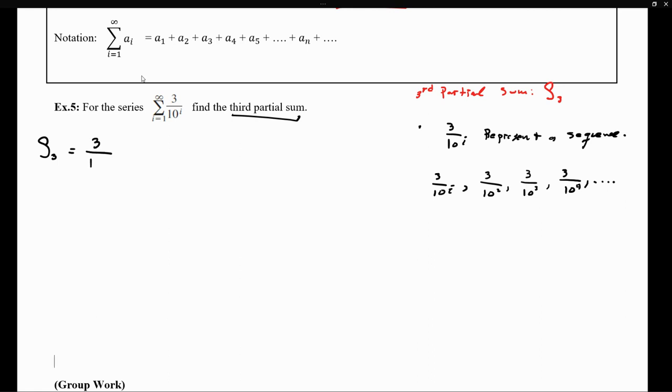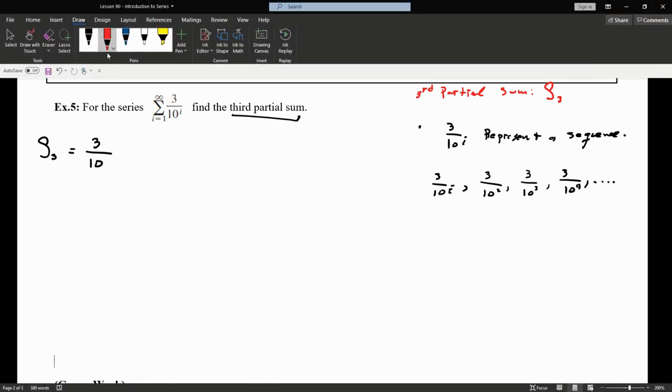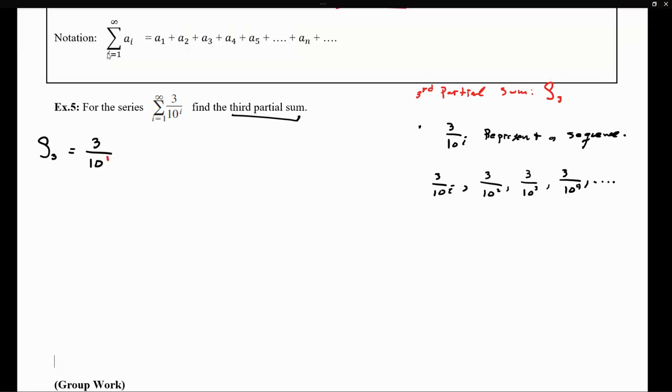My first output is 3 over 10 to the first, just like we said, the first term in the sequence. But we have to add the next one, that'll be 3 over 10 to the second. And then we add the next one. And at this point, we stop, because we just want to add the first three terms in the sequence. Notice that this is an infinite sequence, because it can go beyond. But if we add just the first three, that's what we refer to as the third partial sum.